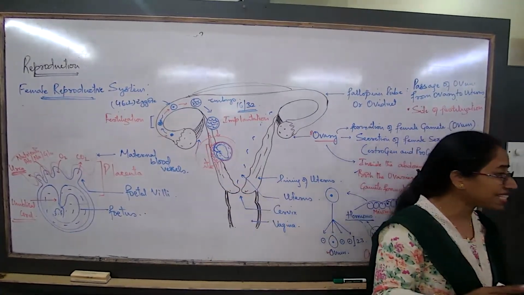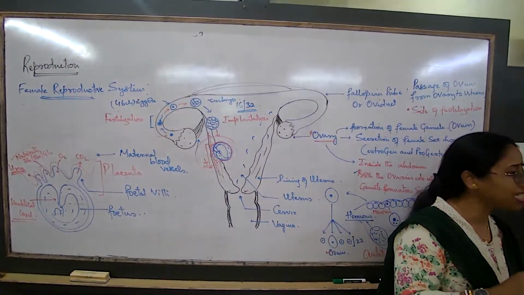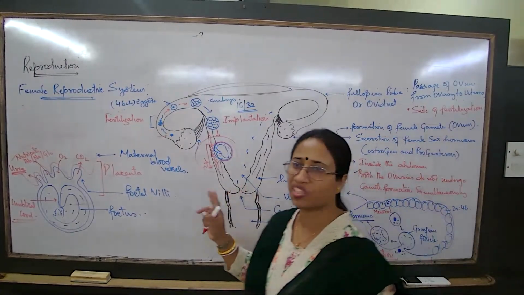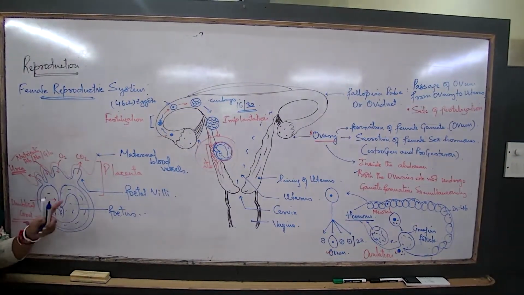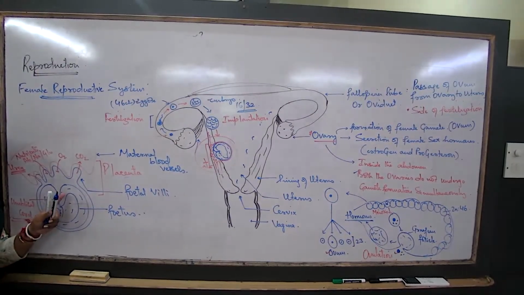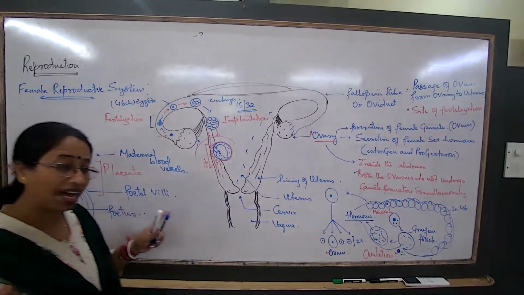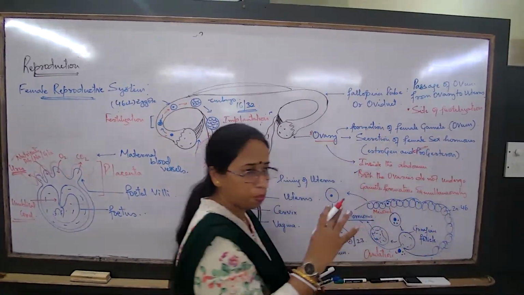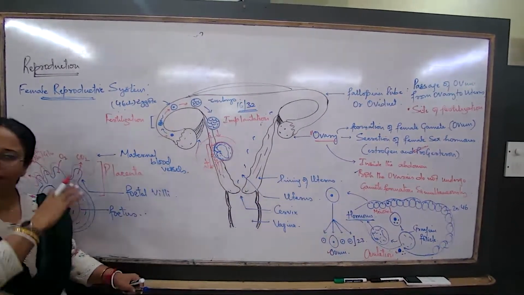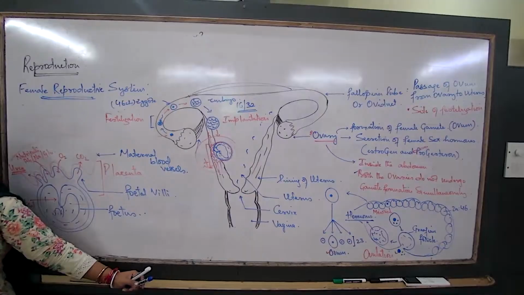Number three, what did I say? It helps in the release of the waste substances because the fetus does not have any excretory organ. And the fourth point that you have to write is that this placenta is also a temporary endocrine gland releasing progesterone. This is releasing progesterone for that short period of time and helping in the entire process of development of the fetus.